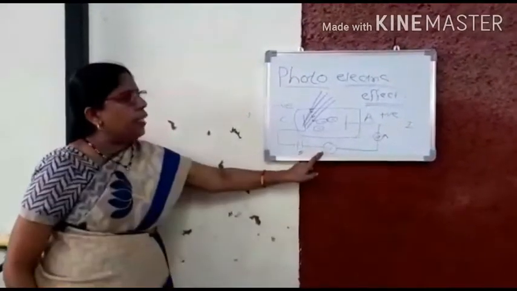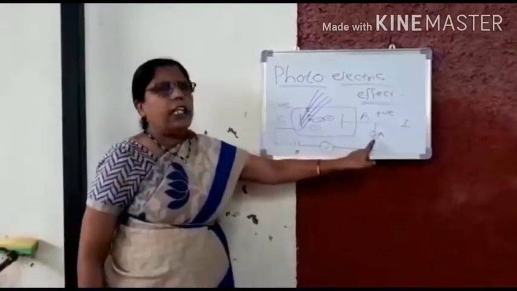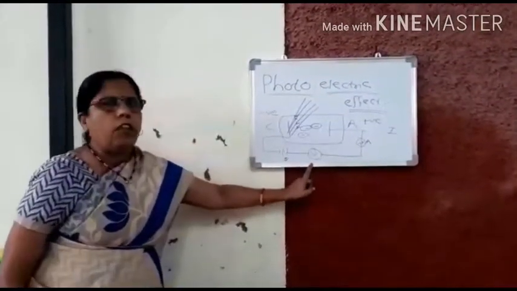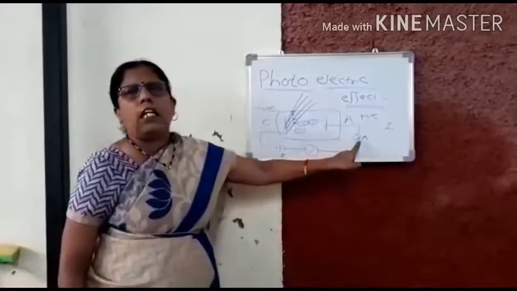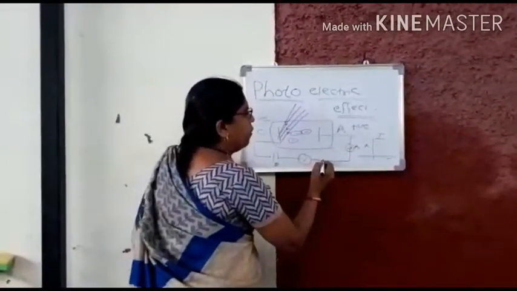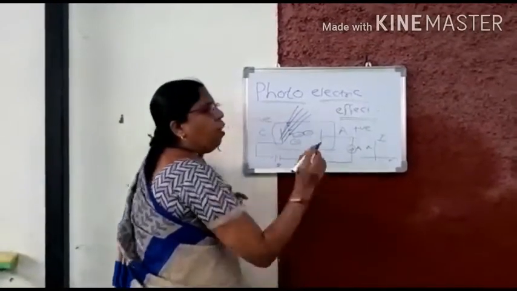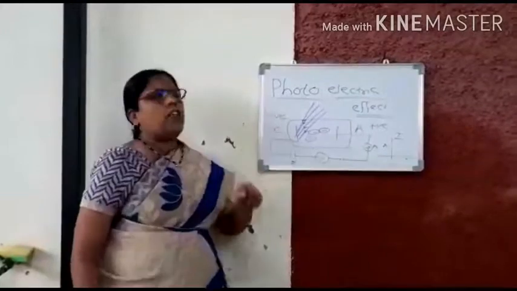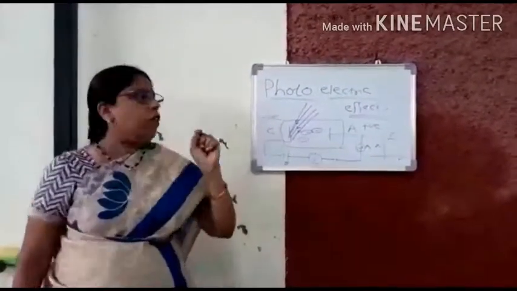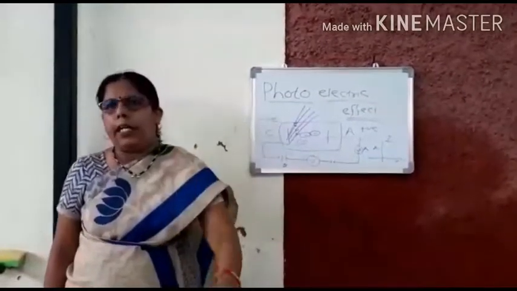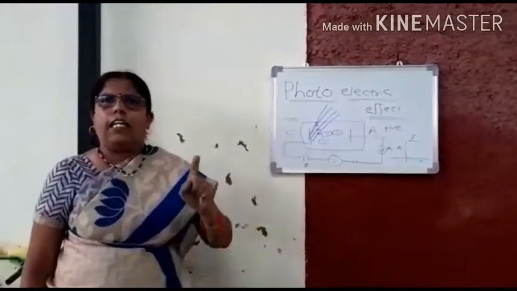When we increase the voltage, the current flowing in the circuit also increases. When we decrease the voltage of the circuit, the current also goes on decreasing. We can use here a 2-way key or 1-way key, and we can change the voltage on the cathode. We can make the cathode negative as well as positive.